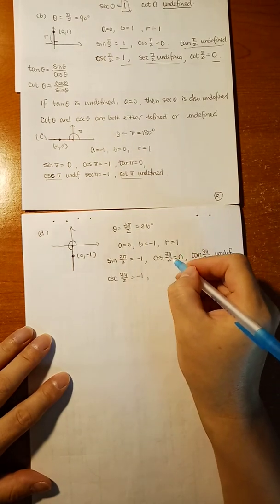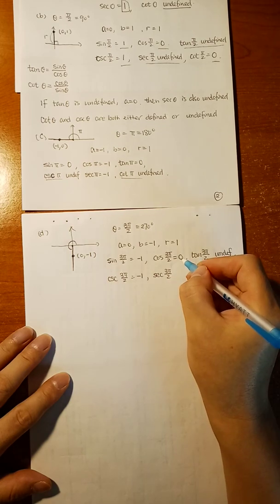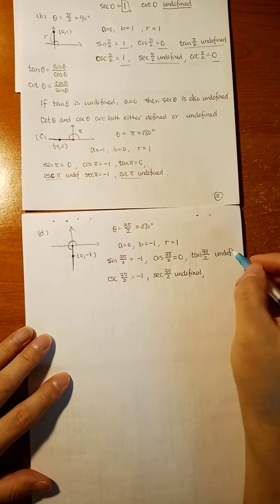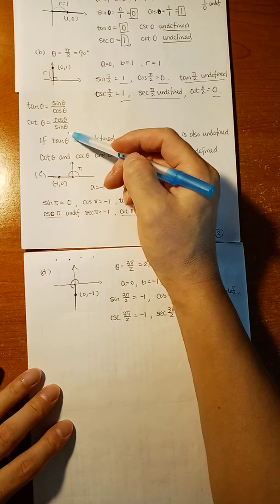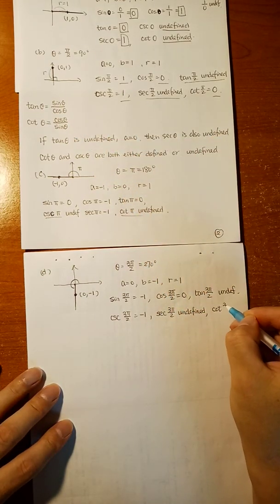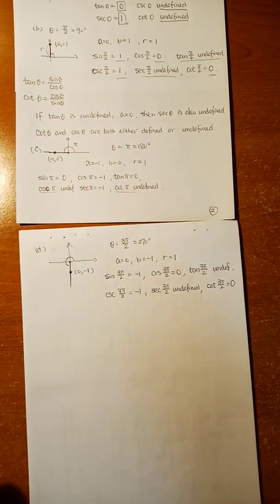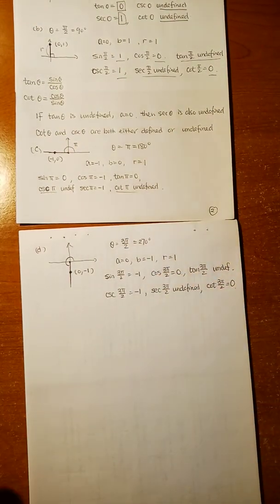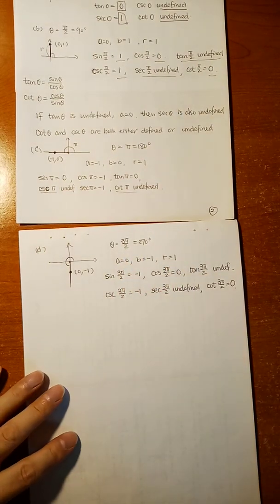You flip cosine, it's secant. Secant 3 pi over 2 is the reciprocal of 0, undefined. And for cotangent 3 pi over 2, remember, we are going to use cosine over sine. Cosine over sine is 0. Okay, so this is the evaluation for the angle theta equal to 3 pi over 2.